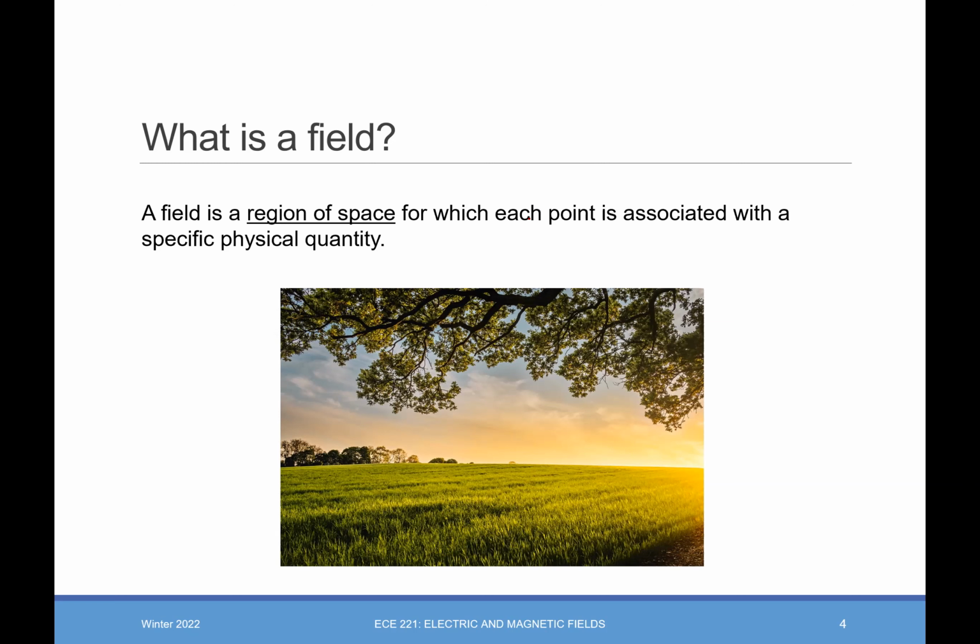But in physics, a field is a region of space, and at each point of this space, there is a physical quantity associated with that point. Here, a physical quantity, phi, or I'm going to call it F. You'll see that in a bit.